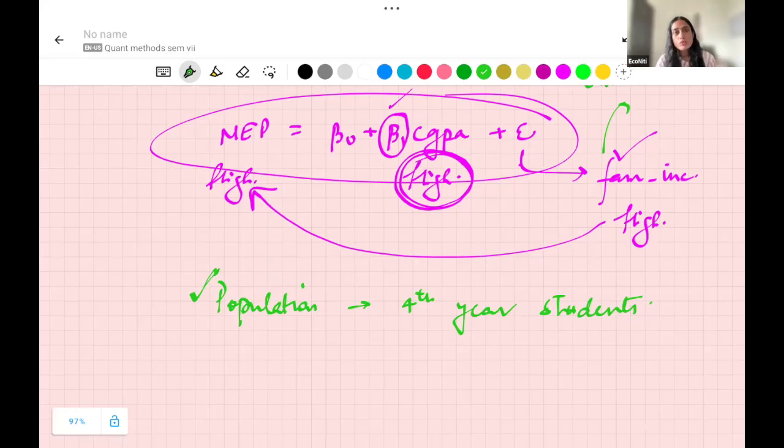If you find that those who did the fourth year also had better job prospects, then the problem is that those who did fourth year are fundamentally, intrinsically different from those who did not do fourth year, right?